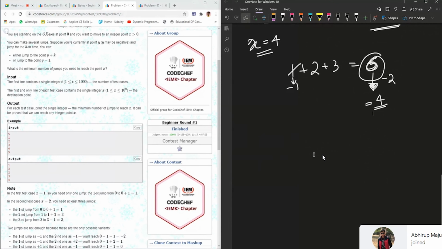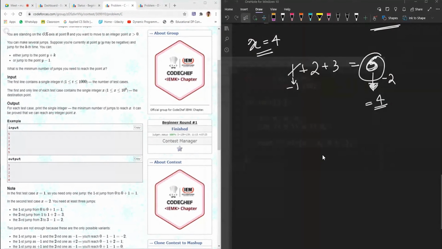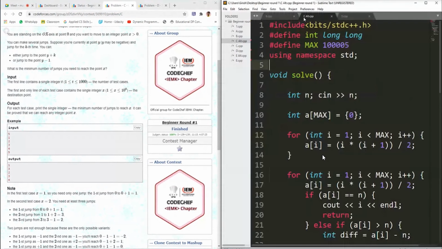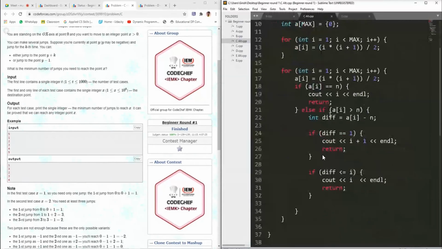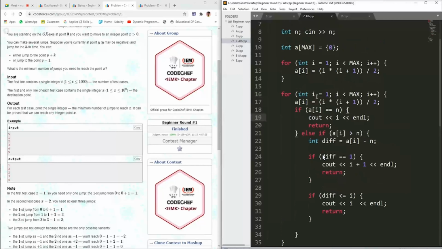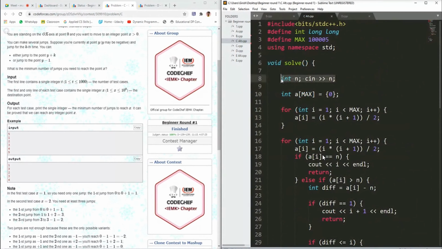So you can say that the logic of the program is to just find a particular value of i, where i into i plus 1 by 2, that is the sum, is equal to n. What I do is that initially I just input my target variable. This is my target variable.